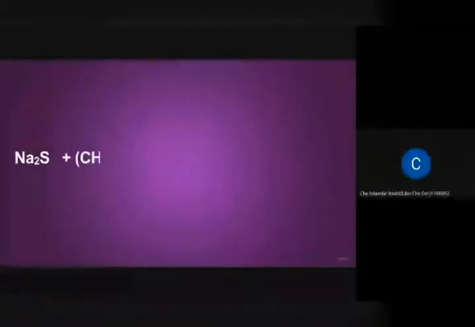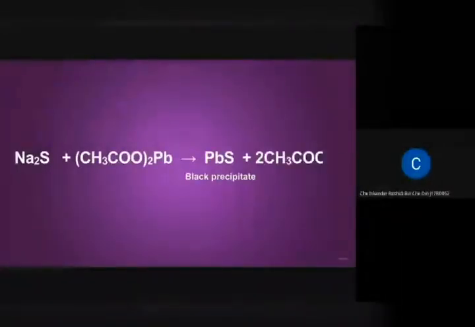Also add a few drops of lead acetate solution. The reaction between the three chemicals will produce a black precipitate, indicating the presence of sulfur in the solution.